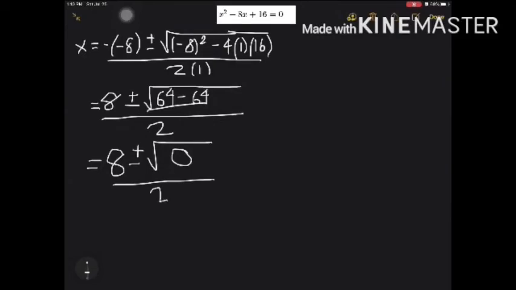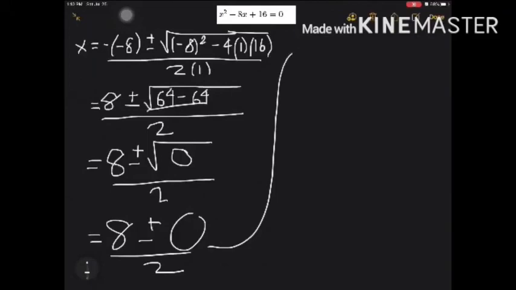Now what we're going to do next is, since 8 plus minus 0 is 8, we separate it.